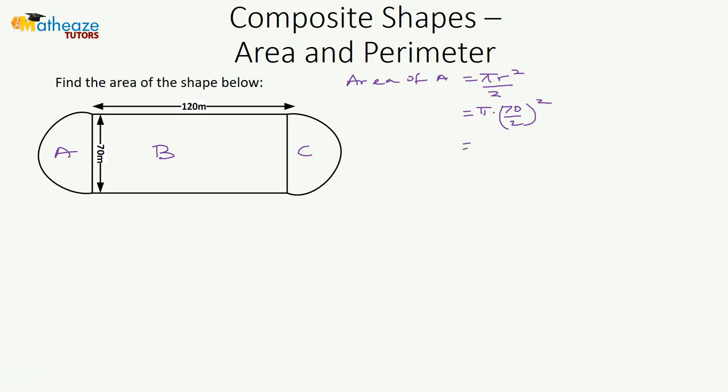So this is going to give us 1225 pi. For the sake of this lesson, I'm not going to convert the pi to anything. I'm just going to leave the answer with pi in the answer.